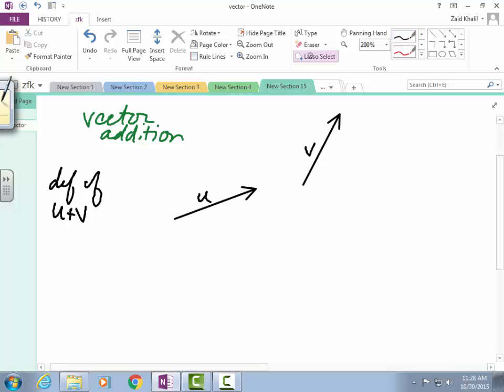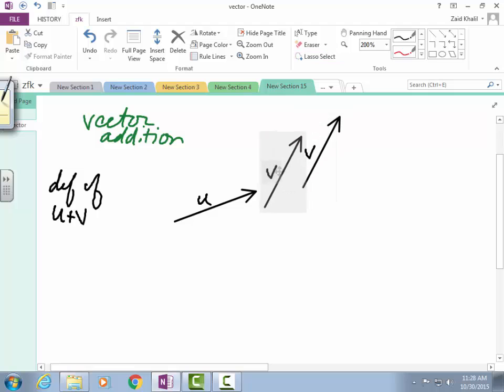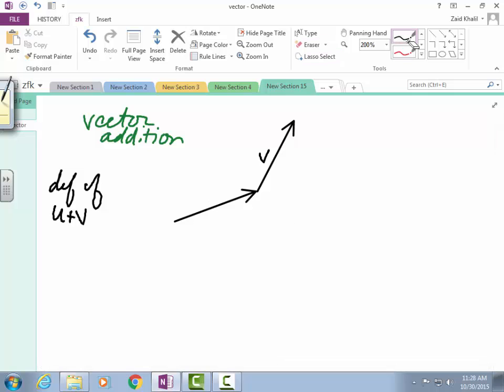So I take v and I translate it over. So I take the tail of v and add it to the head.